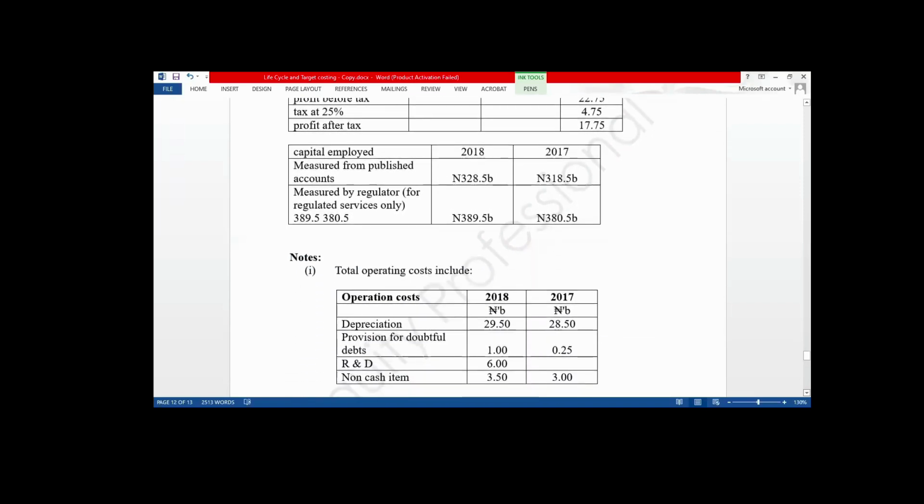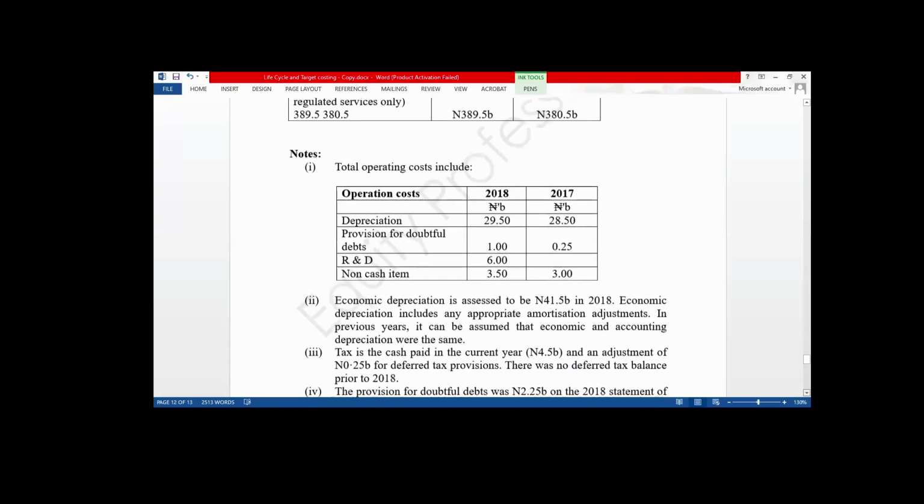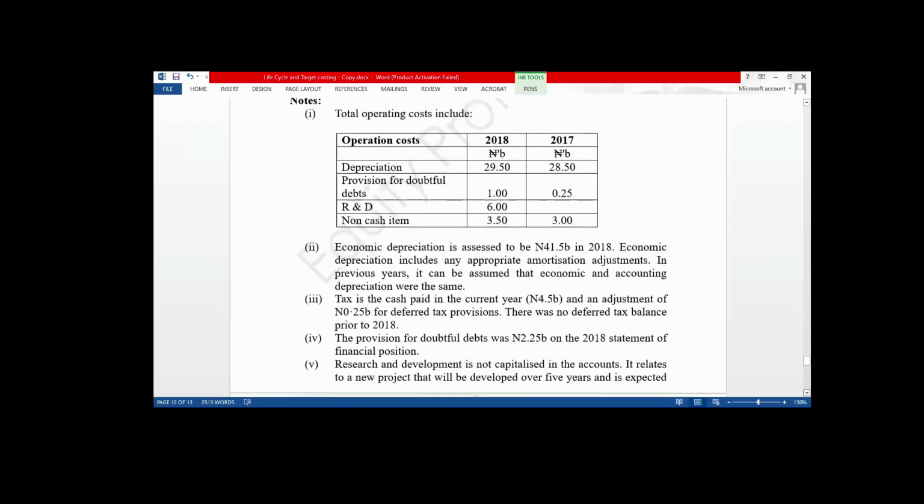Note number 1, total operating costs for 2018 and 2017 we are given. Economic depreciation we are given. Tax paid, adjustments for deferred taxation we are given. Provision for doubtful debts on the 2018 statement of financial position we are given.